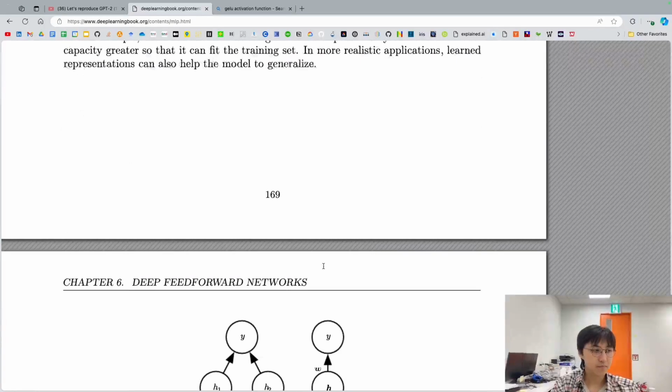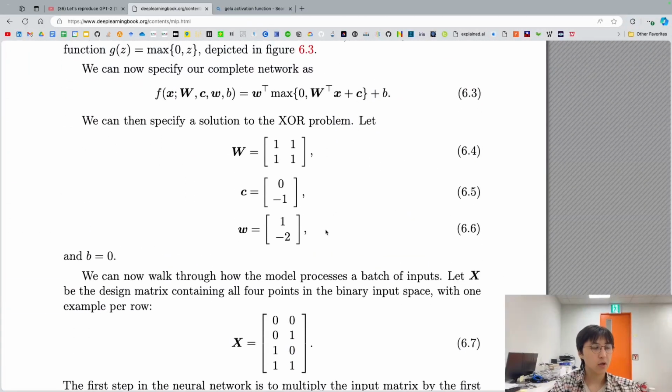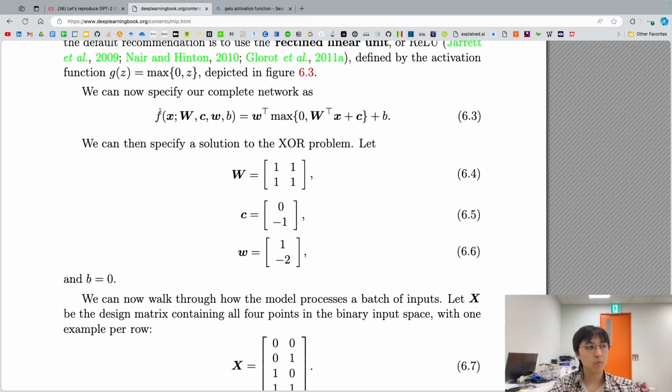Here is our model architecture, where we receive x and multiply it by the weight to get the dot product, then add the bias c to the resulting matrix, and apply the activation function, which here is the rectified linear unit.